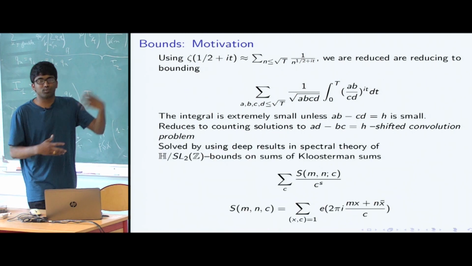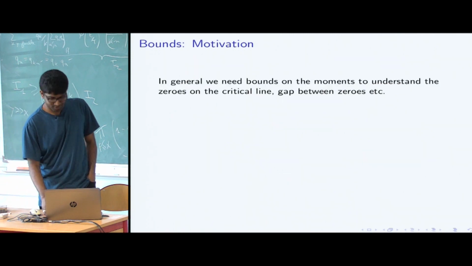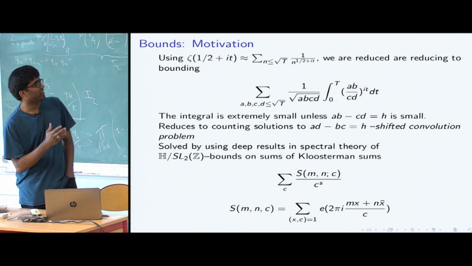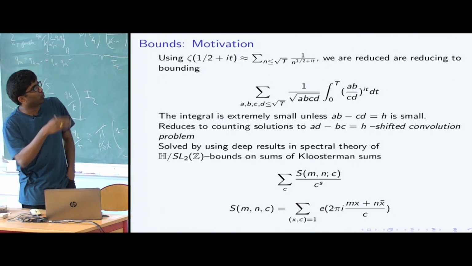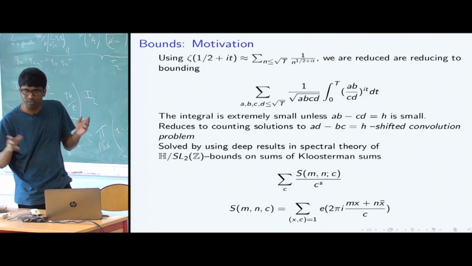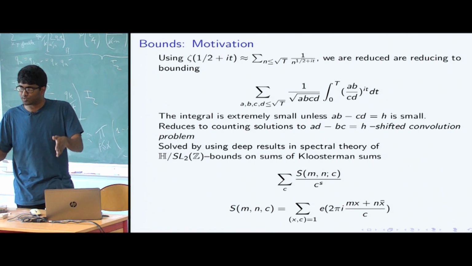This problem is solved using deep tools in spectral theory of automorphic forms, like the functions on H mod SL2(Z). To count points on ad minus bc, one way is to develop spectral theory and what is called spectral gap.